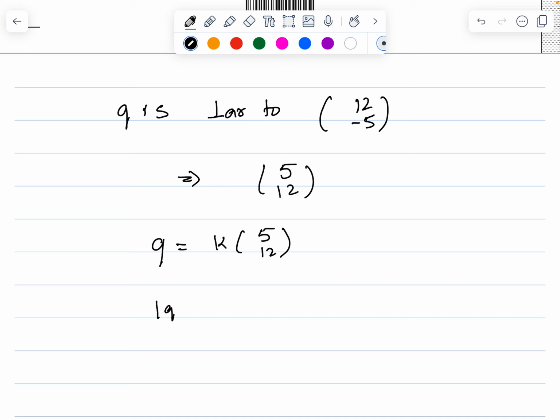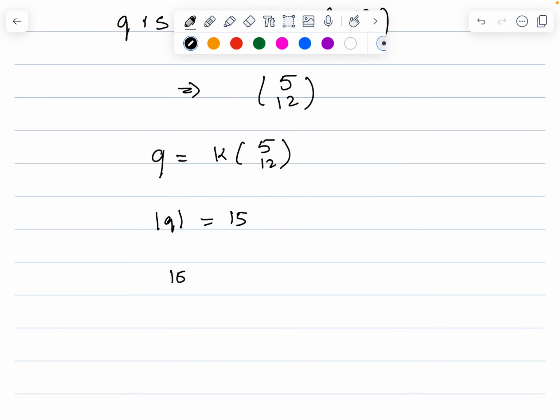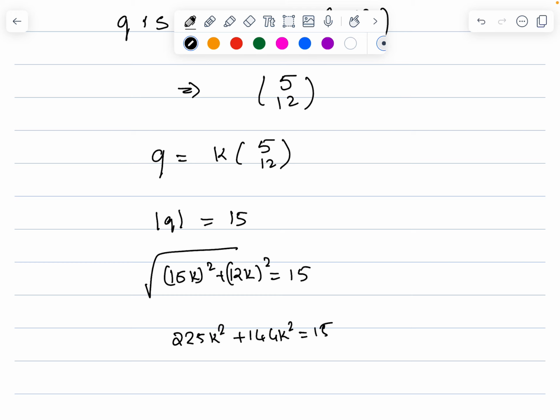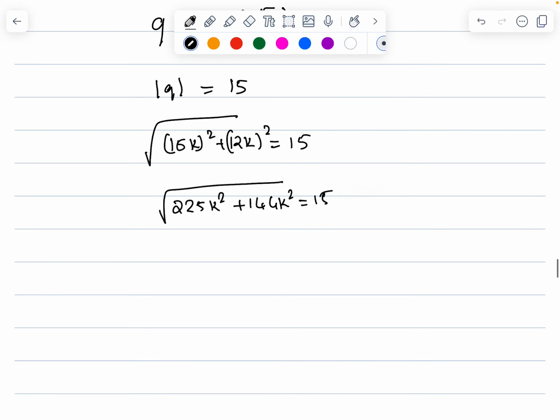Now the absolute value of Q, how much has been given? It has been given as 15. So square root of (5K) squared plus (12K) squared equals 15. So 25K squared plus 144K squared equals 225.